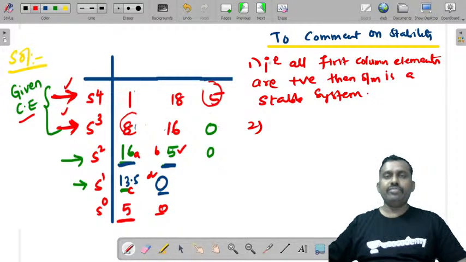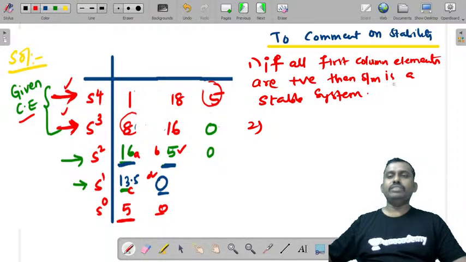This is very important. If the first column elements are positive, then the system is a stable system.